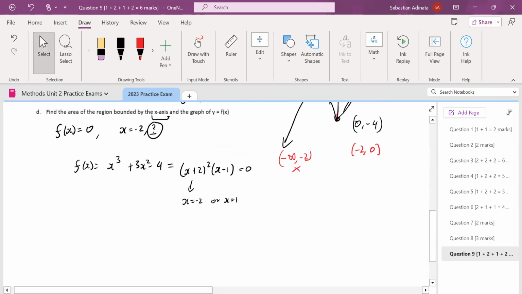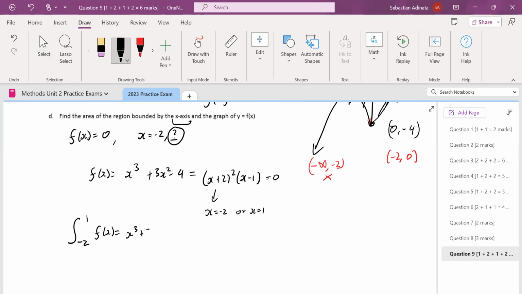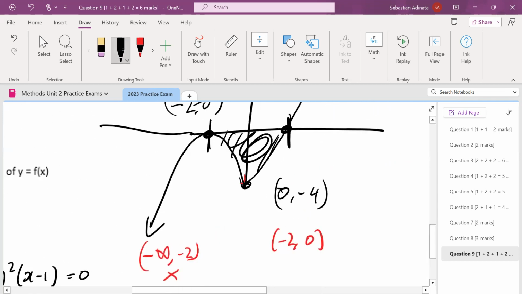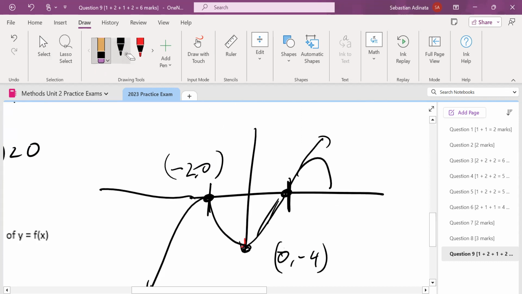Now, in order to find the area, all we have to do is integrate from -2 to 1 of f of x, which is x cubed plus 3x squared minus 4. But this area from the graph should give us a negative area because it is underneath the axis. If it was above the axis, for example, here, it would be positive.